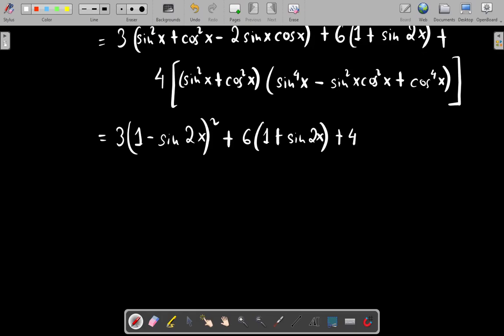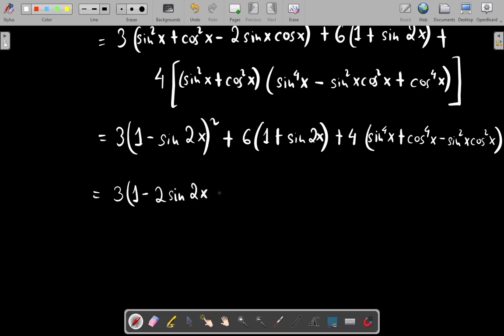plus 4 times, this first term will become 1, right? So this just becomes sin to the power 4x plus cos to the power 4x minus sin square x cos square x. So if we expand the a minus b whole square again in the first term, this becomes 1 minus 2 sin 2x plus sin square 2x, and I'm keeping the second term as it is so far.